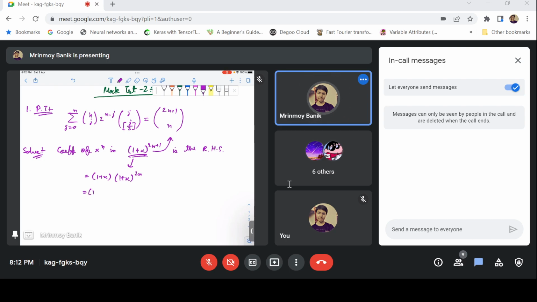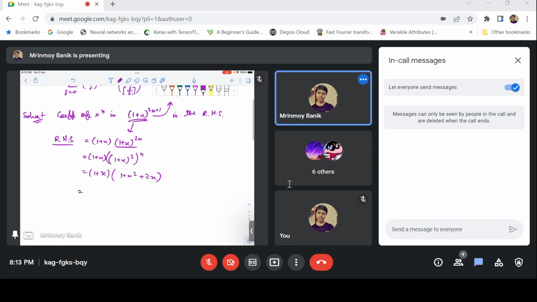And then this factor, we can expand that 2 here. So we can write 1 plus x squared whole power n. So this is our RHS. Then we can factor out x power n here.